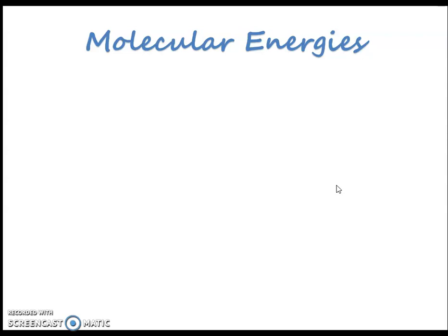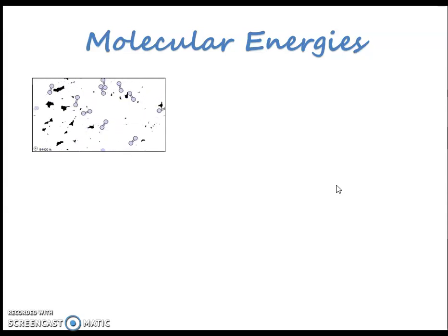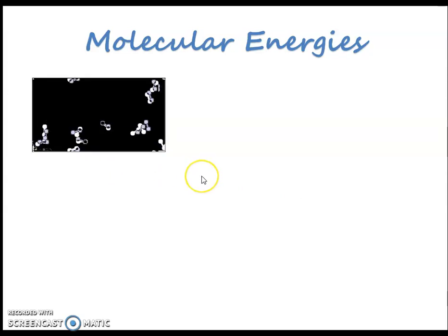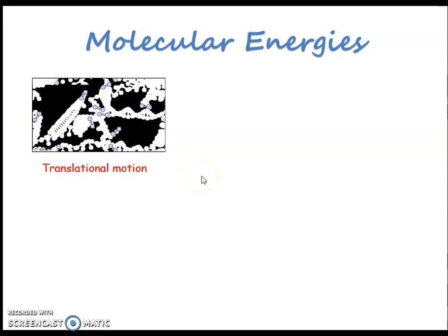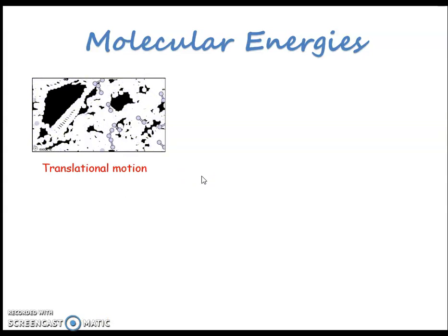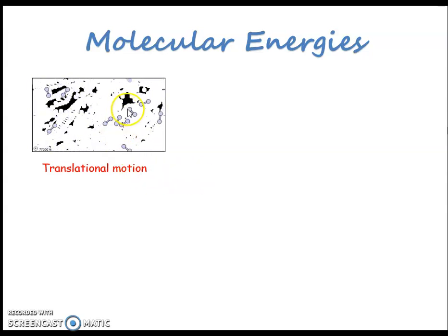A molecule possesses different kinds of energy for its different modes of movement. First is the translational energy. This is the random motion of the molecule as such, and during this motion the center of gravity of the molecule changes.